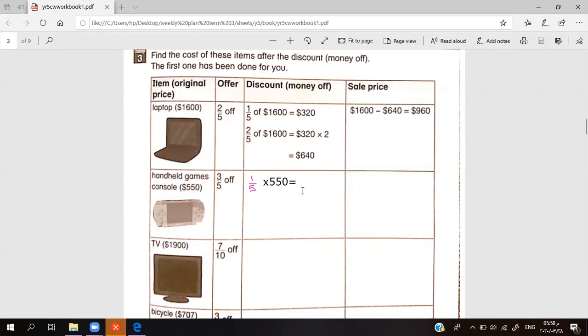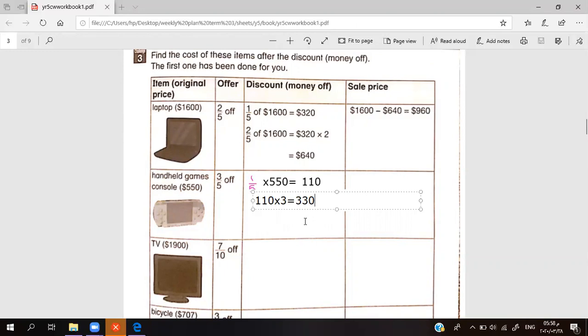What times 5 gives me 5? 1. What times 5 gives me 5? 1. And then the 0. So like that I got 1/5 is 110, but the discount is 3/5. So I'll do 110 multiplied by 3 to get the 3/5, which gives me 330.